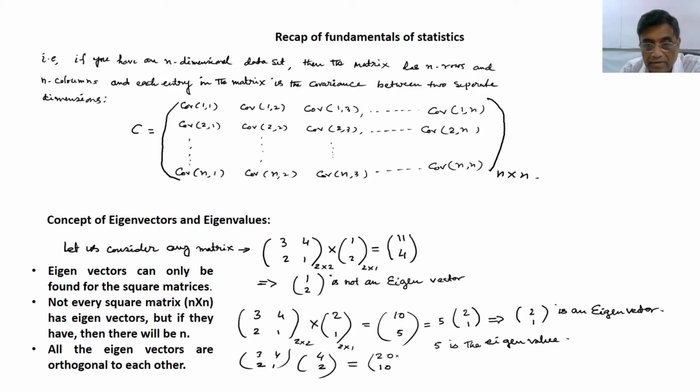So you see, this will again be 2, 1. So if you multiply the eigenvector with some factor, again that vector will be an eigenvector, which you can see from here.